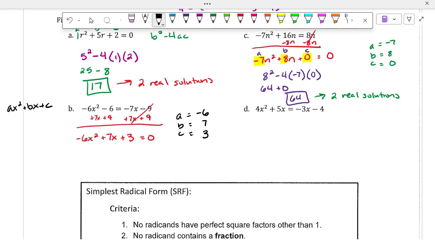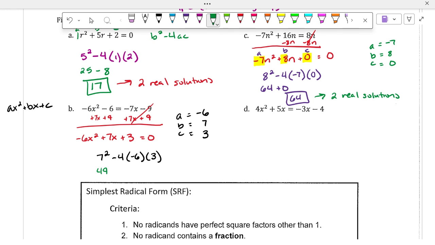So if I put this into my discriminant formula, which is b squared minus 4ac, how would I set it up? 7 squared minus 4 times. Good. So what's 7 squared? Yep. What's negative 4 times negative 6? Positive 24.